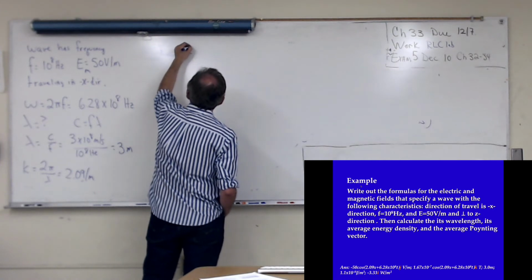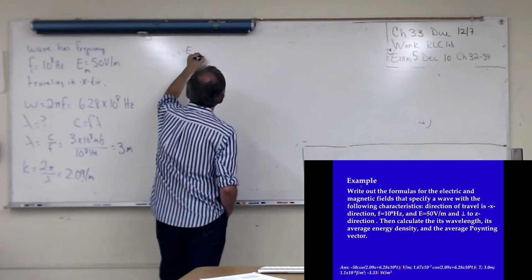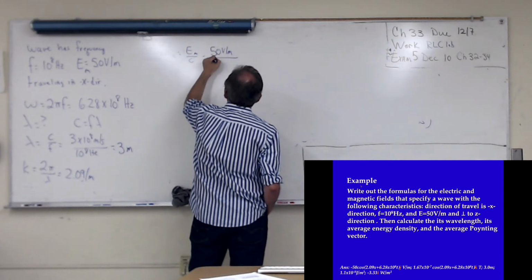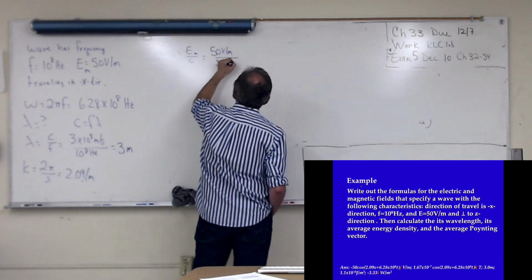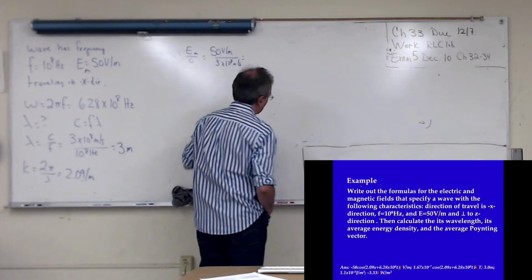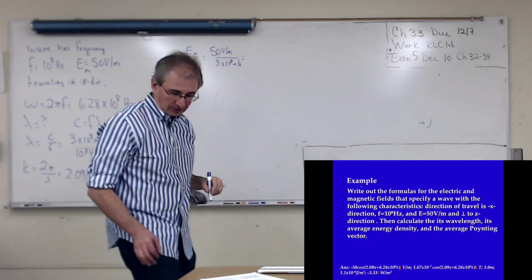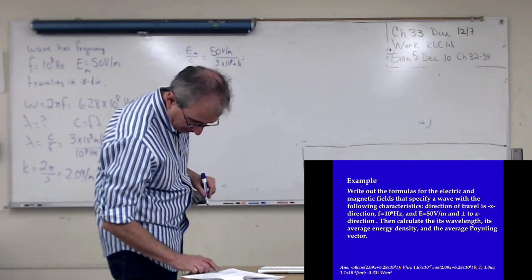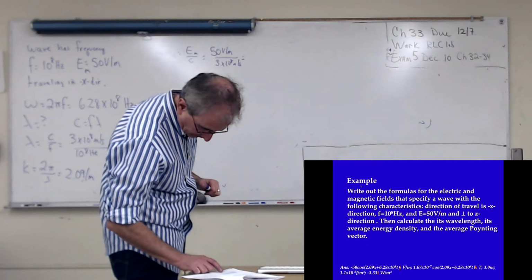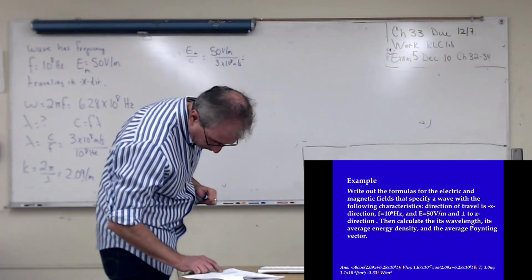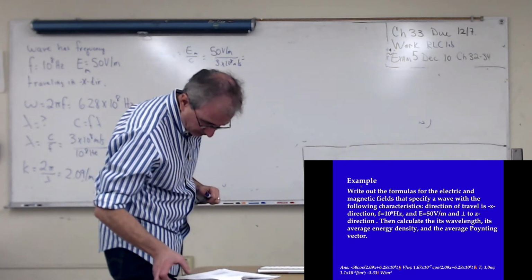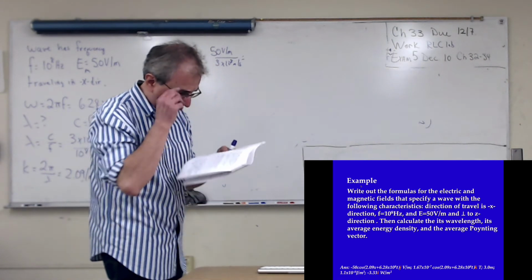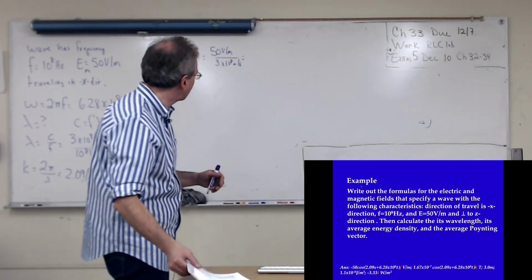Well, that's E over C. If you do the math, you will get that the maximum field is 1.67 times 10 to the minus 7 Tesla.